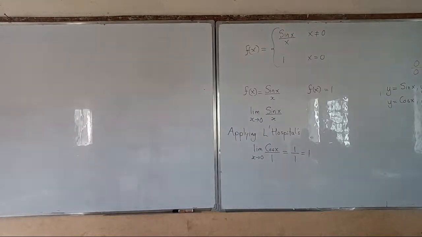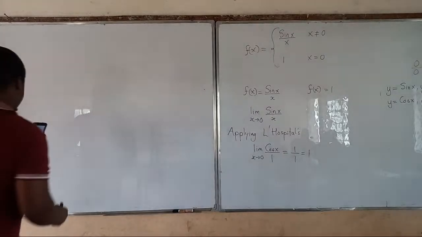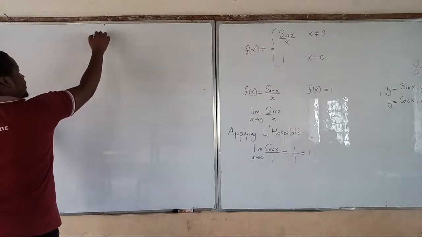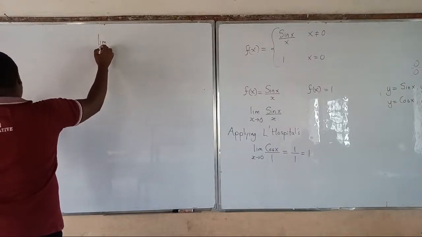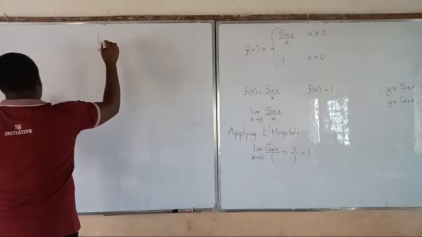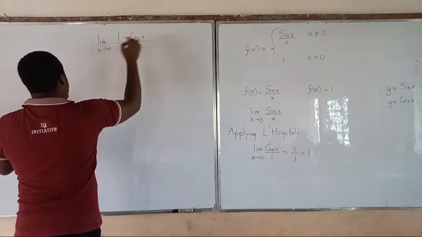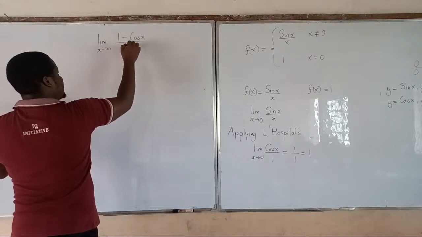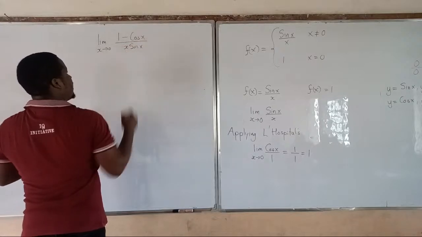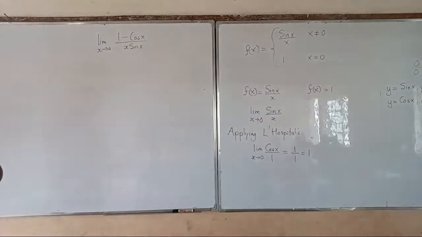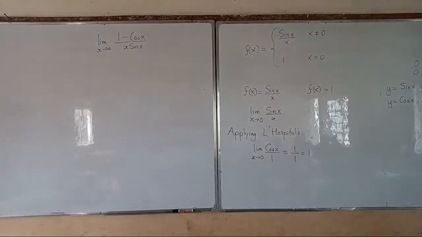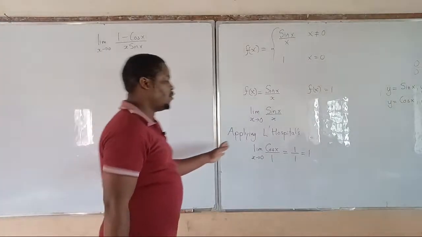Okay. So that question, question D, is the limit as x approaches 0 of 1 minus cos x divided by x sine x, like this. So, before you even think of using L'Hopital, you have to try it out.